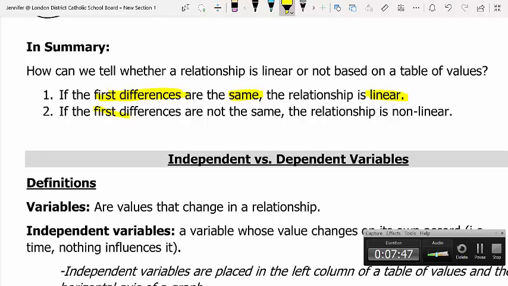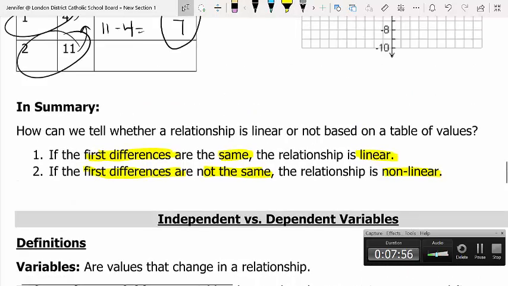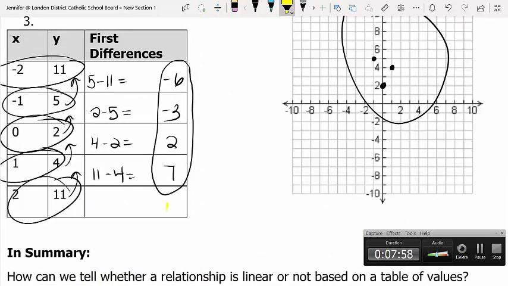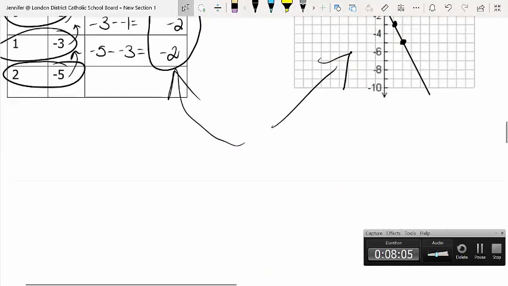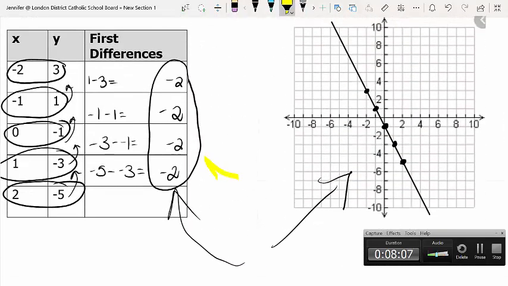If you calculate the first differences and they're not the same, the relationship on the graph will be nonlinear. And we saw that happen in every single situation. Here, first differences were not the same, nonlinear. First differences were the same, and our graph was linear.